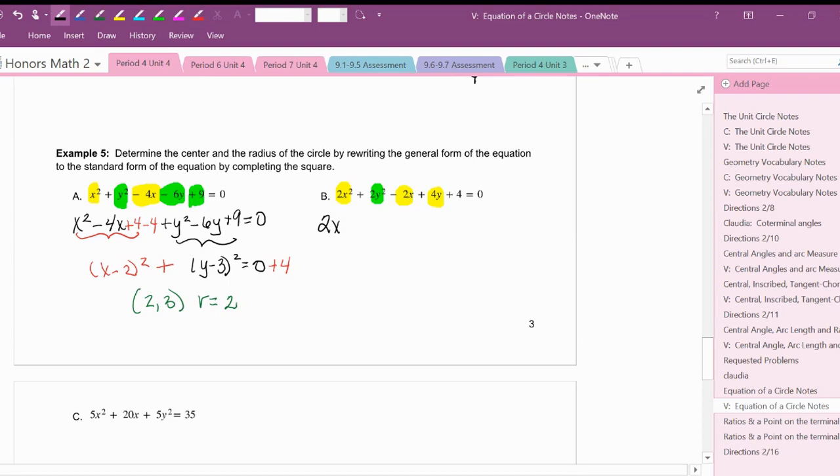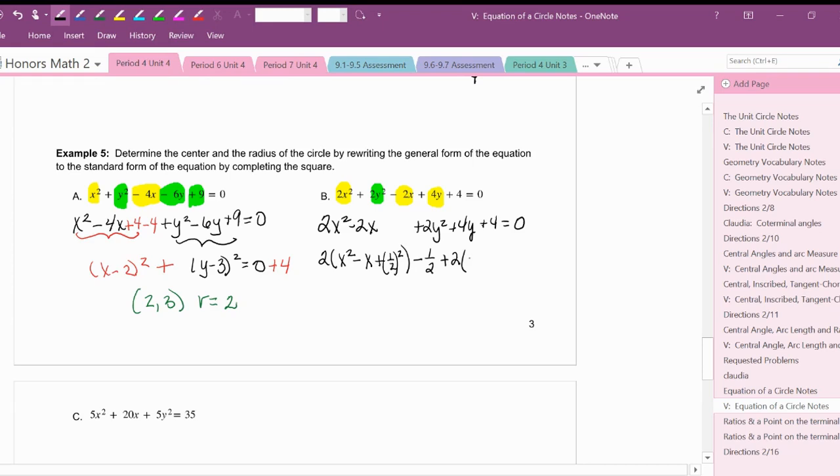Okay, so 2x squared minus 2x plus 2y squared plus 4y plus 4 equals 0. Got this 2x minus 1x. Take half and square it. So that would be 1/4. 2 times 1/4 is a half.